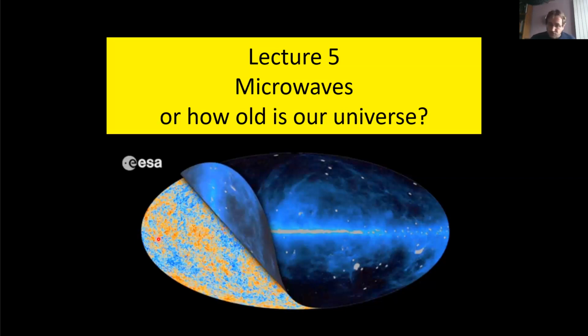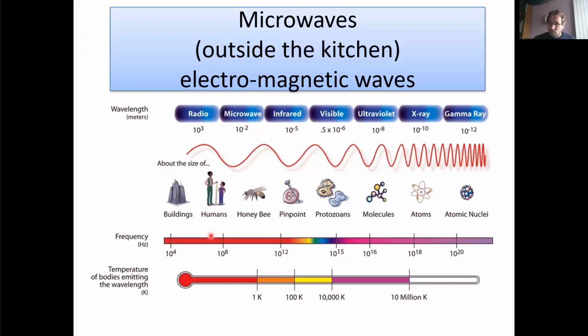At first I wanted to remind you about microwaves. We usually have them in the kitchen, where they make the water molecules in the food rotate. Since movement of particles is associated with temperature, they heat up.